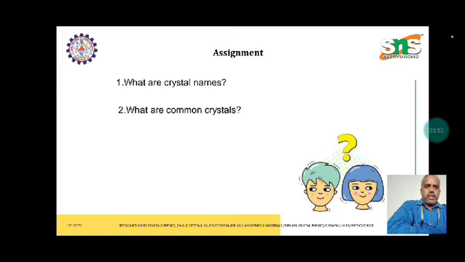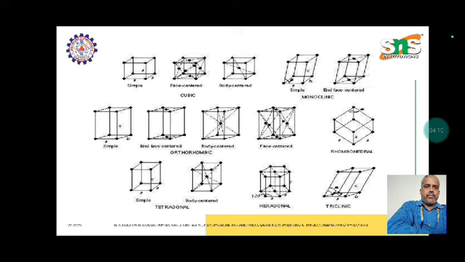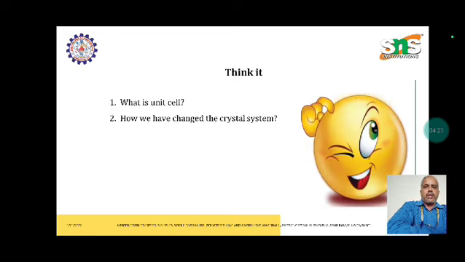I give this assignment to my students to check their learning and how interested they are in the topic: what the crystal names are and what the common crystals are. So the 7 types of crystal structure form 14 types of lattice in unit cells.